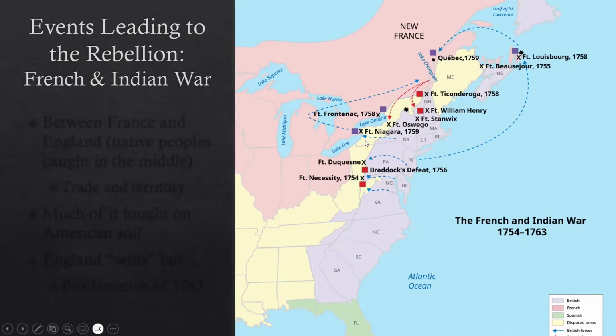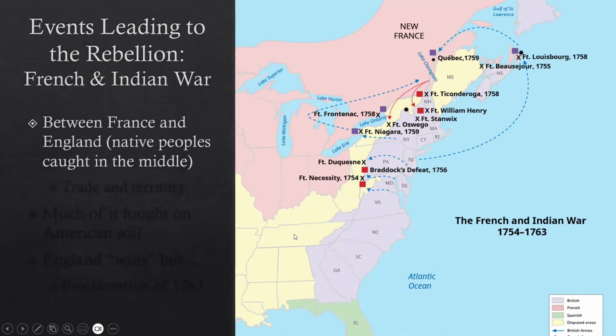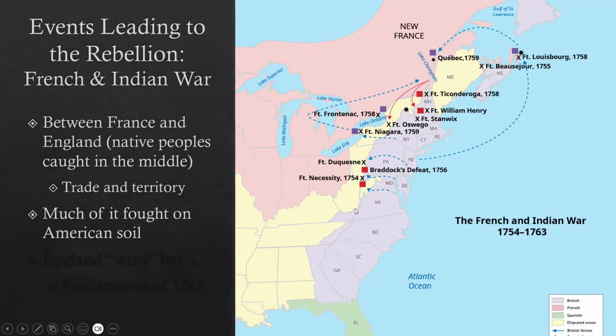The dispute kind of comes to a head in 1754, and the war began essentially, and it happened mostly on American soil here, and there were sea battles as well, but you can see all the battle sites, and they were occurring here in the colonies.